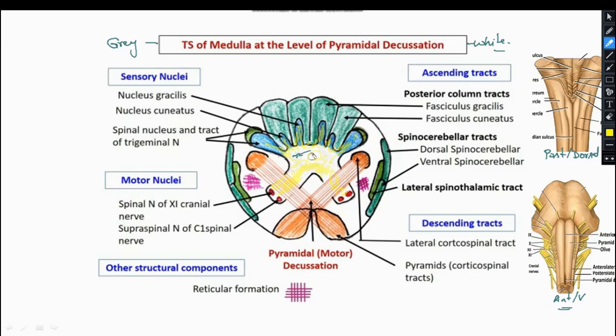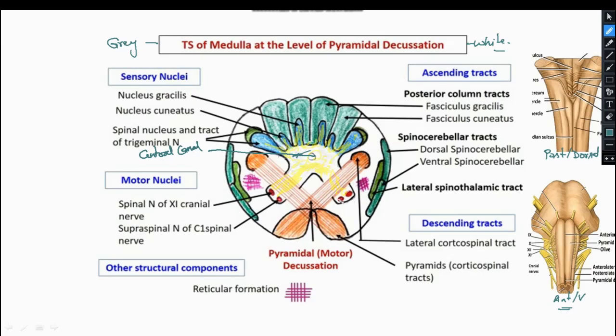And here what you see is the central canal. Let me draw it right here, central canal. This central canal is surrounded all around by this gray matter.